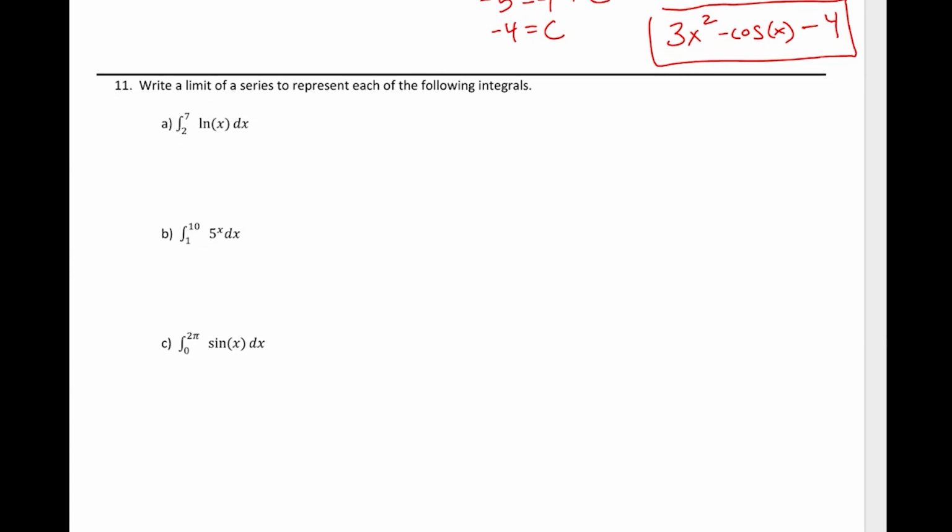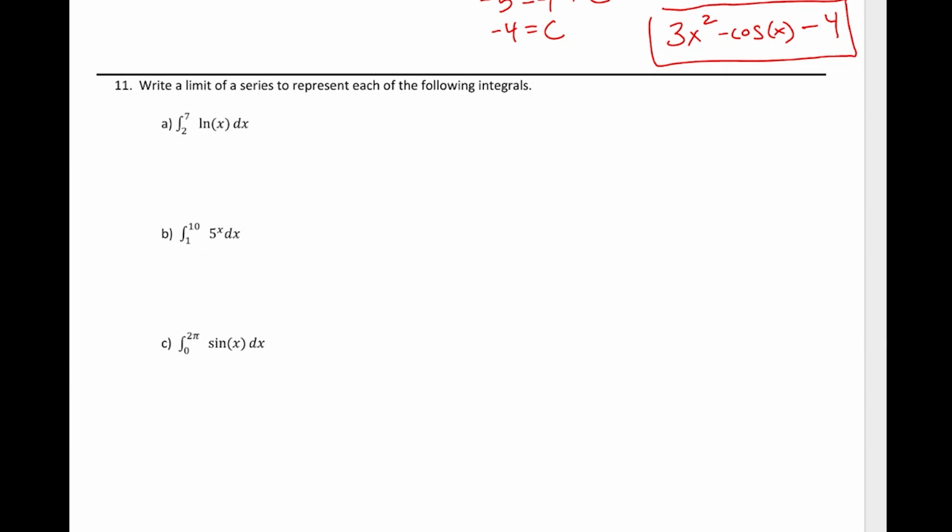And we're doing that by adding up infinitely many rectangles. And so we use the series or the sigma notation because you don't want to write plus blah, blah, blah infinitely many times.